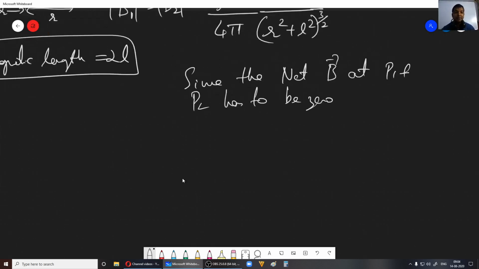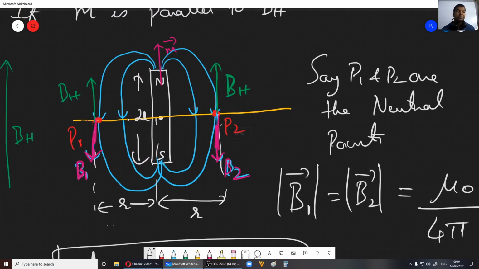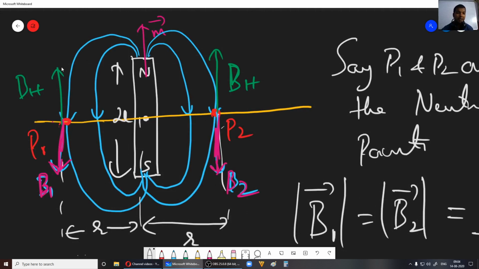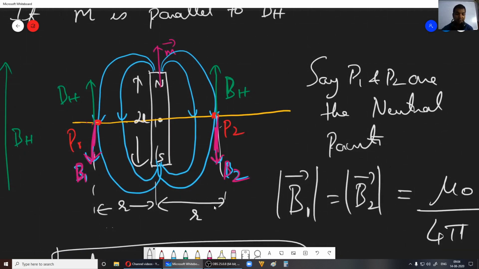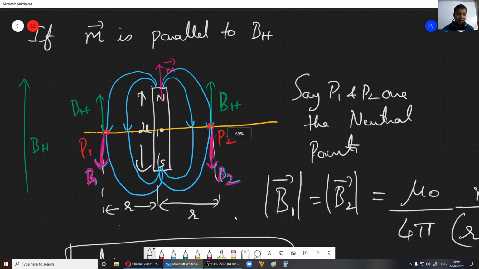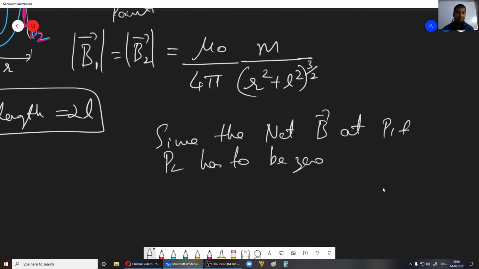At some point along the magnetic equator, the magnitude of the magnetic field due to the bar magnet and the magnitude of Earth's magnetic field become equal, and since they are opposite, they cancel. We are trying to determine that point, and the reference for P1 and P2 is taken from the center of the bar magnet. So if you can find R, that will give you the location of the neutral points.